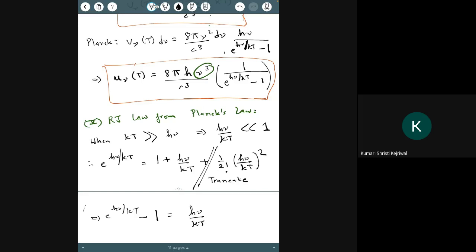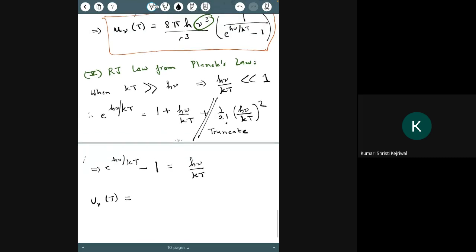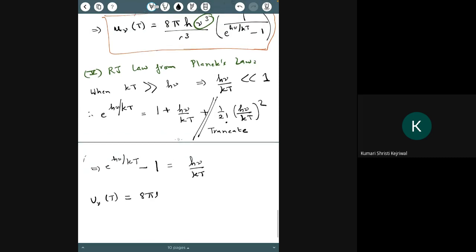If we do that, the spectral energy density expression becomes 8 pi h nu cubed by c cubed times 1 by h nu by kT. Then I can cancel all this and we are back to the Rayleigh-Jeans expression.